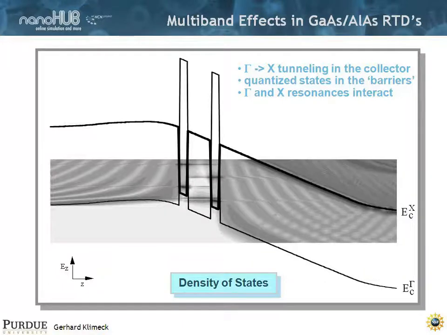Yeah, so here is a density of states plot of a gallium arsenide, aluminum arsenide structure, and an aluminum arsenide barrier in gamma looks huge. It's like 1 eV tall. But the fact is, the effective barrier is only roughly 200 millielectron volt tall.